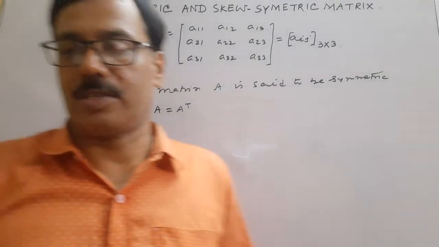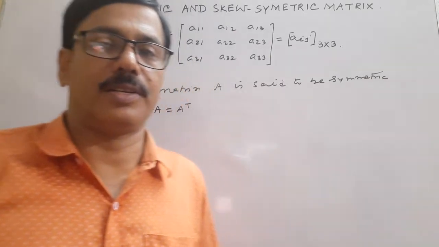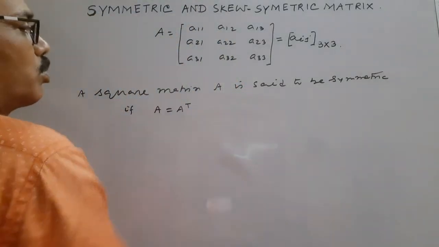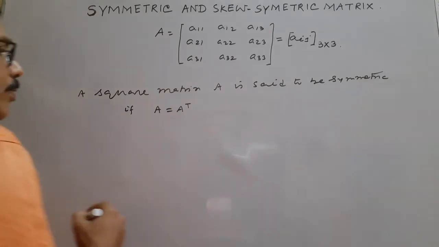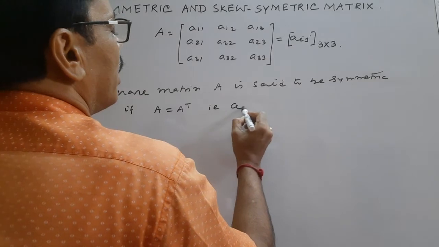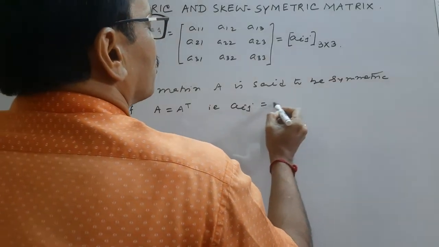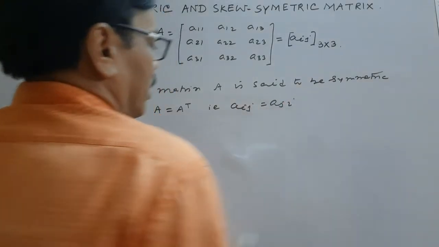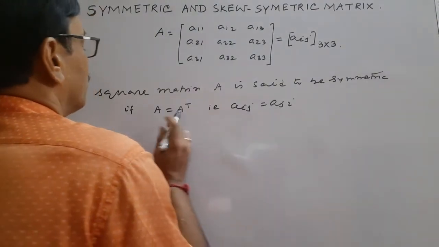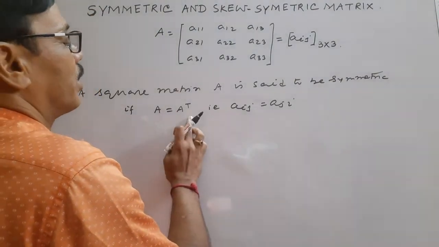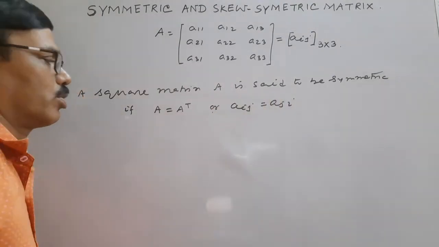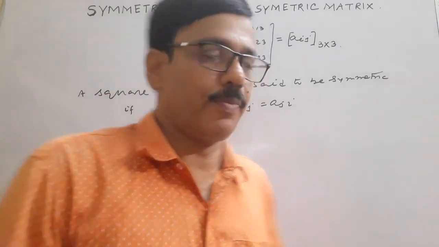The transpose matrix is obtained by interchanging rows into columns. A equals to A transpose, that is, Aij equals to Aji. So, if A equals to A transpose, or you can write Aij equals to Aji.